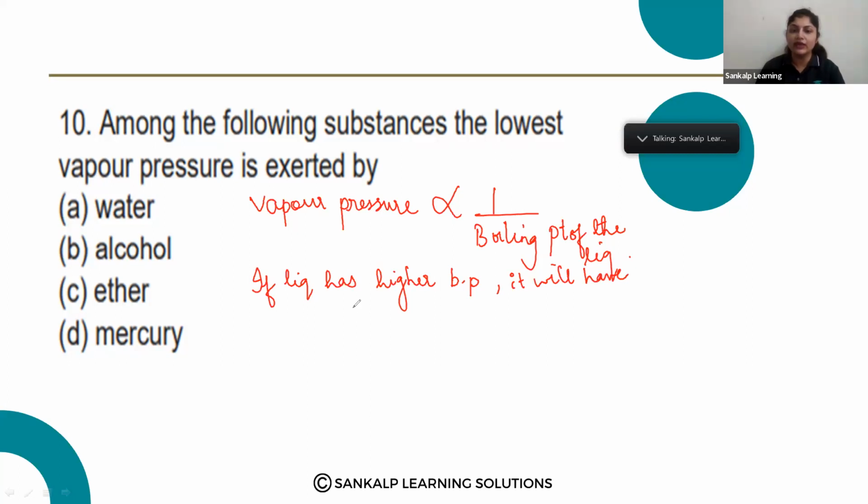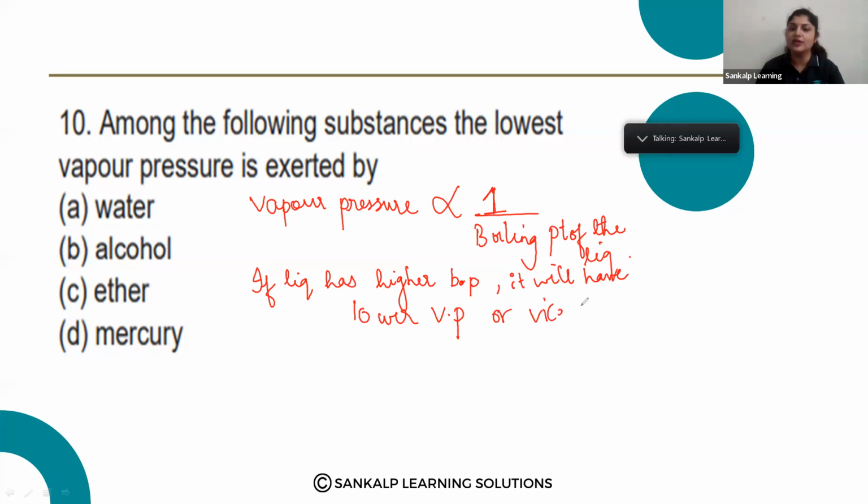It will have lower vapor pressure, because it is inversely proportional. If the boiling point is higher, then the vapor pressure will be lower.